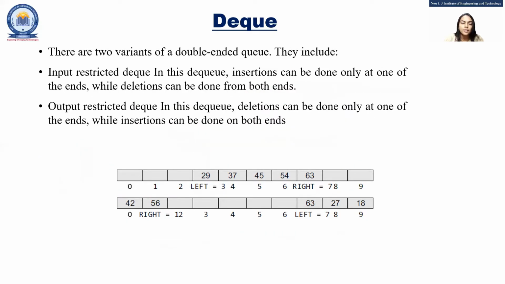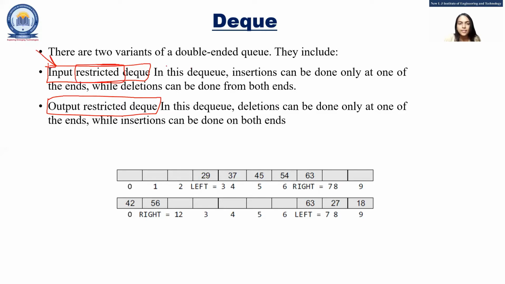Now again students, there are two variants of a double-ended queue. One is input restricted DQ and the second one is output restricted DQ. What we mean by input restricted DQ is that it has some restrictions on the way we input.